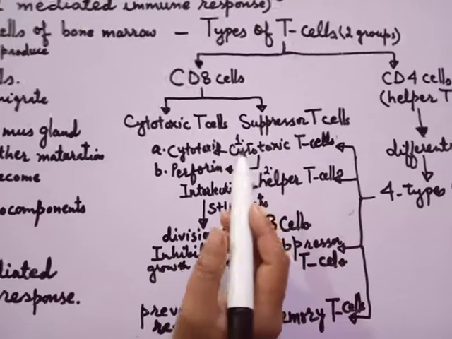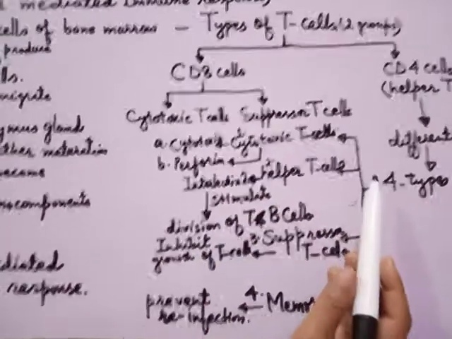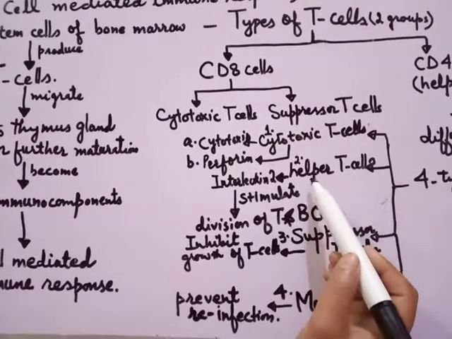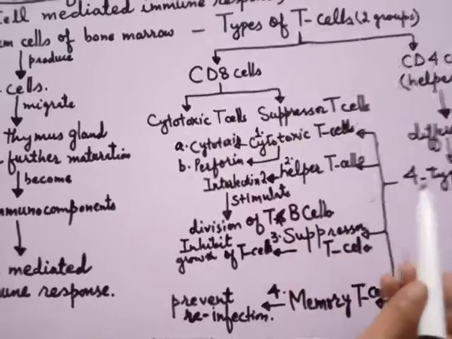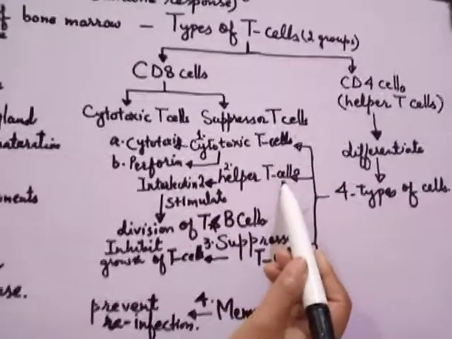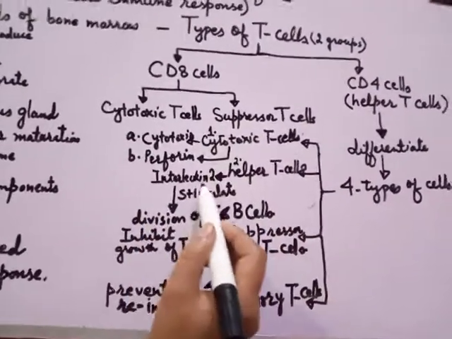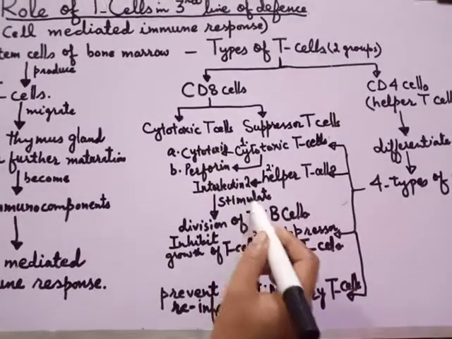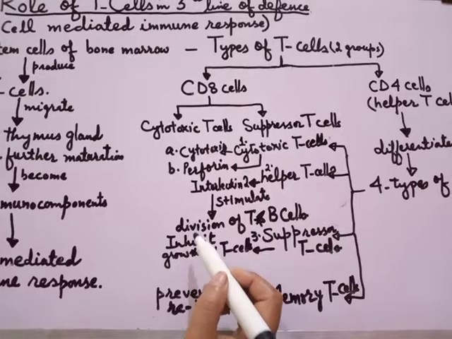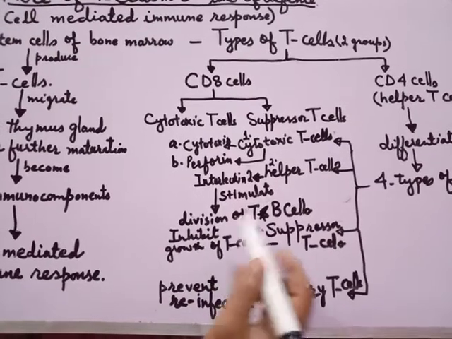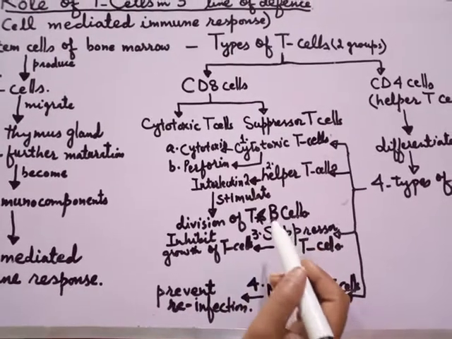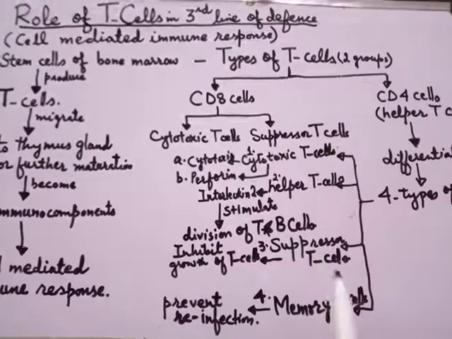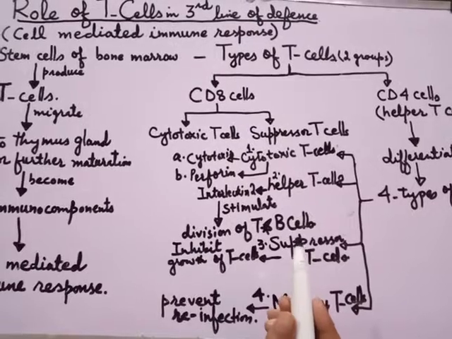Students, the other kind of cells which are produced by helper T cells by their further cell division are helper T cells which can produce a protein called interleukin 2, which can stimulate division of T and B cells.